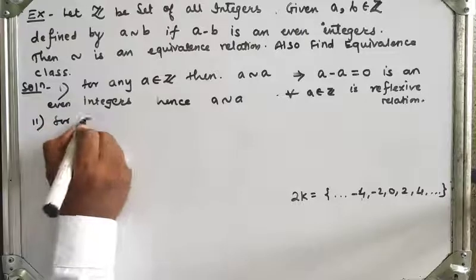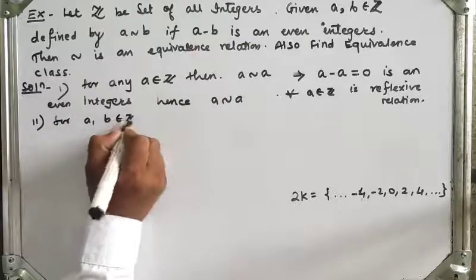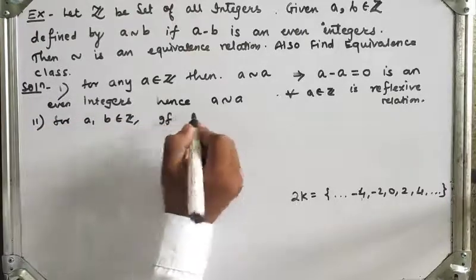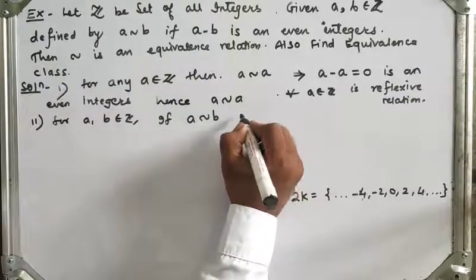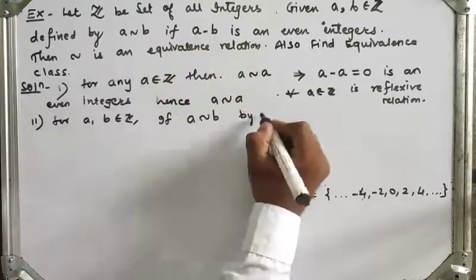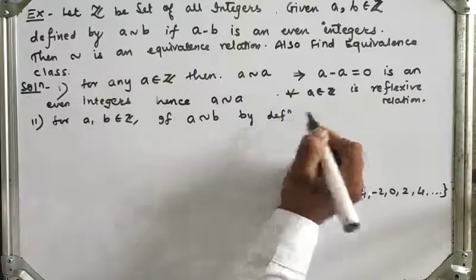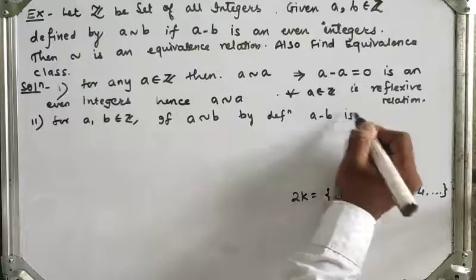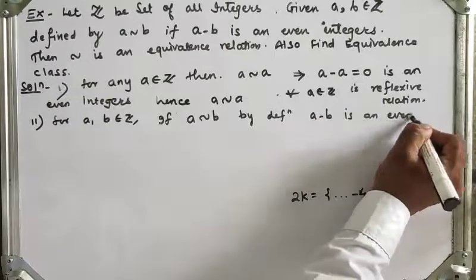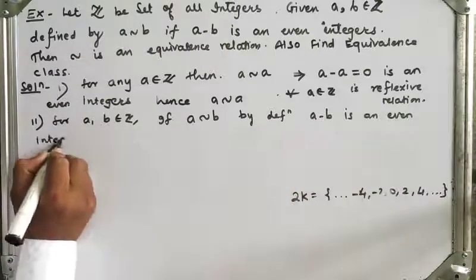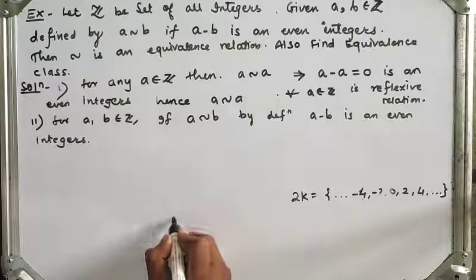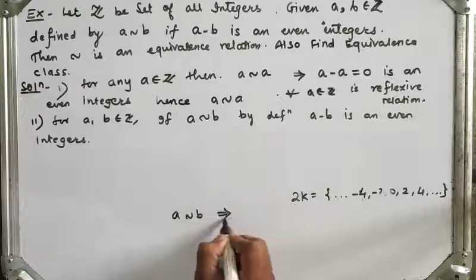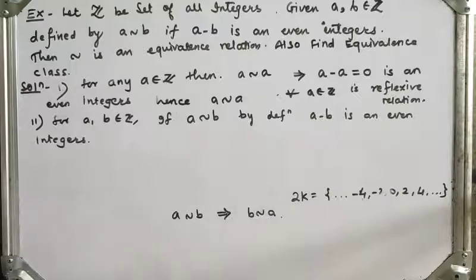Now for A, B belonging to the set of integers, if I have A equivalent to B, it means by definition, or by the given condition, A minus B is an even integer. So what is the symmetric relation? If A is equivalent to B, then B is also equivalent to A, right?